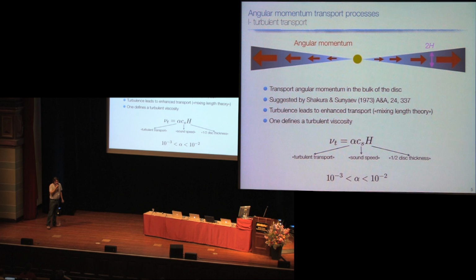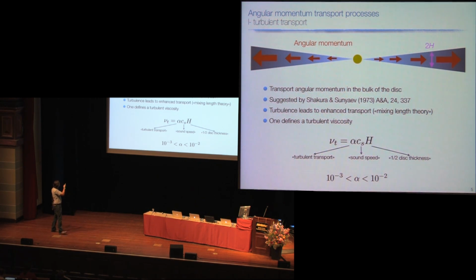And essentially, the idea behind this model is to say you have a sort of turbulent mixing length theory, which is quite similar to what you have, for example, in convection layers in stellar models. So what you do is you say that your angular momentum is transported inside the disk by some sort of fast viscous process.